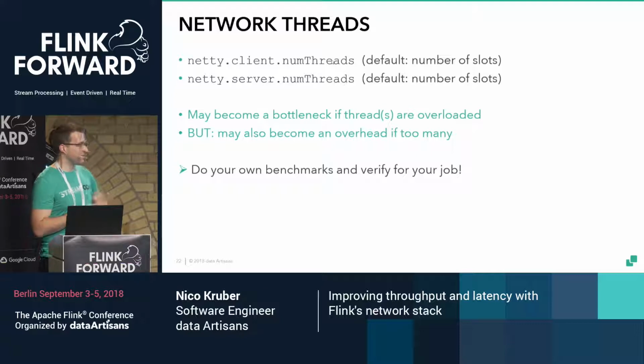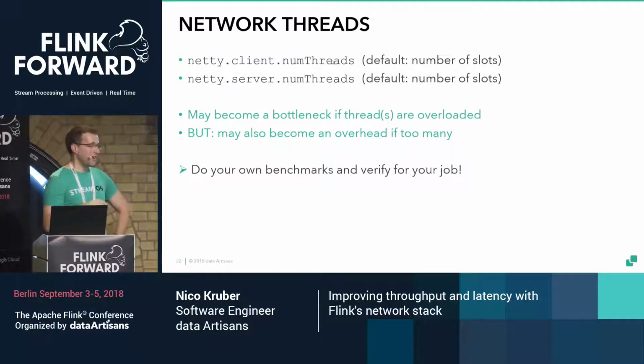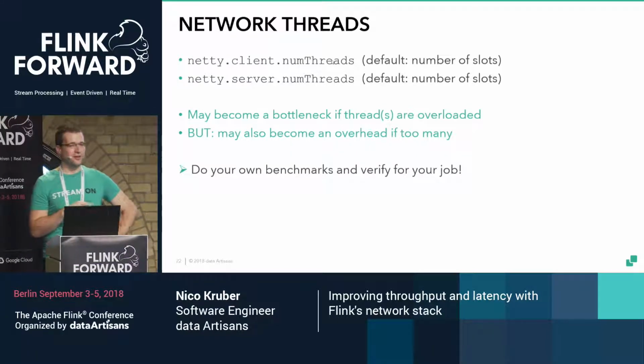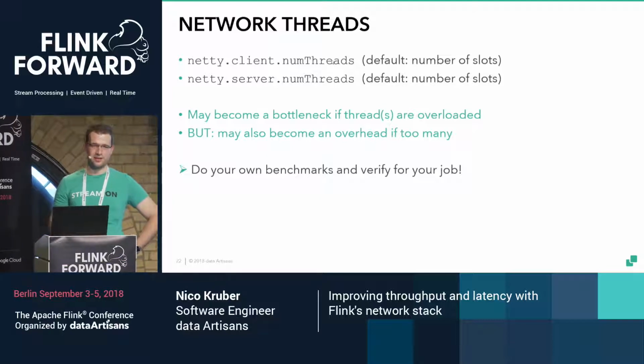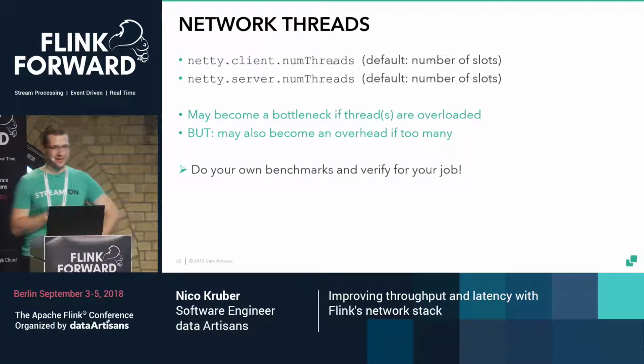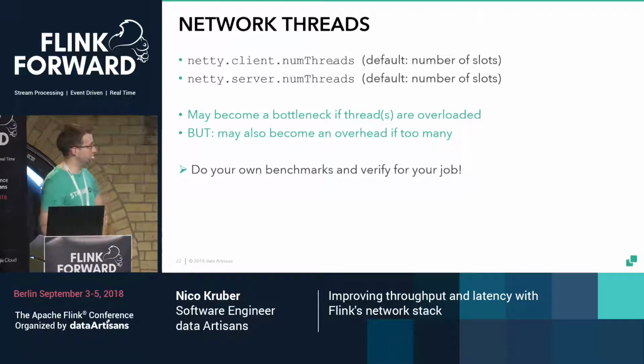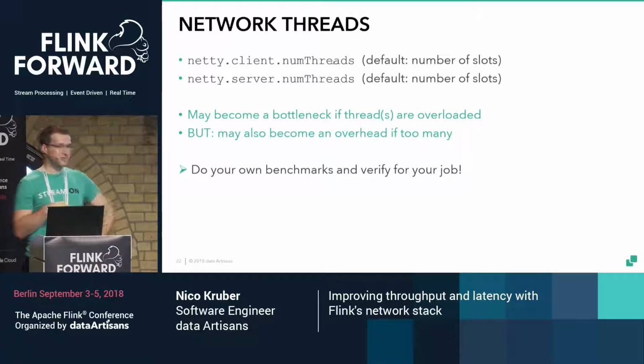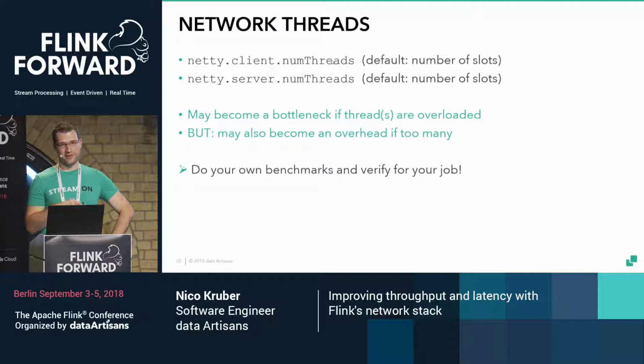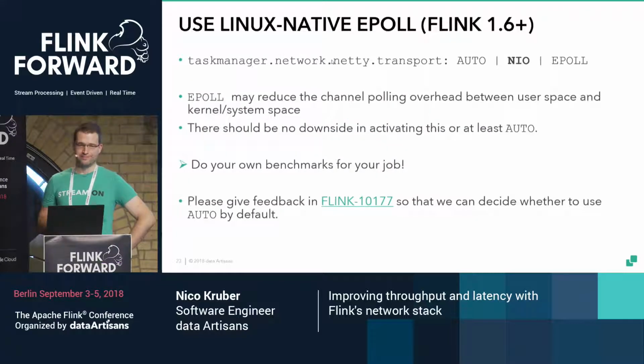Also, on the other side, what I saw in benchmarks as well, if you have too many threads, they can also reduce the throughput. So apparently there's some downside in Netty as well. The only thing to figure it out, do your own benchmarks, because that's highly job dependent. In one job it works that way, another job totally different. So do benchmarks, then you'll see.